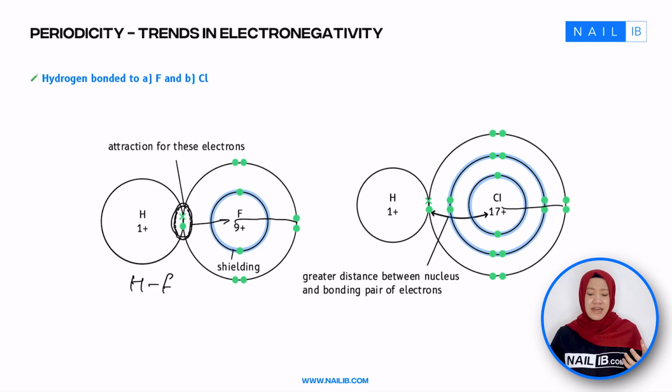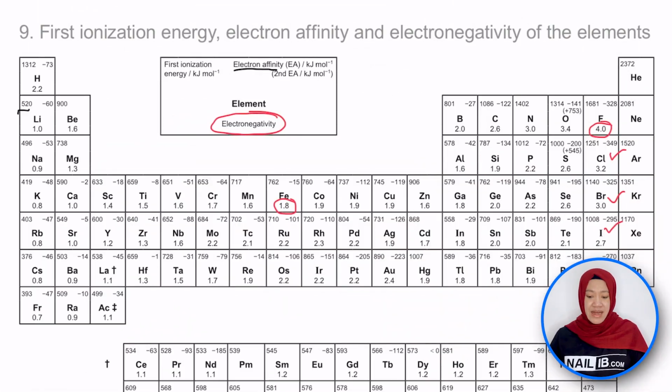So the attraction force is greater in F because the radius is smaller. To reach this electron pair, F has a smaller distance than Cl, therefore greater attraction. So that's why F is the most electronegative element. And even when we compare F and O or F and N, F has a smaller atomic radius.